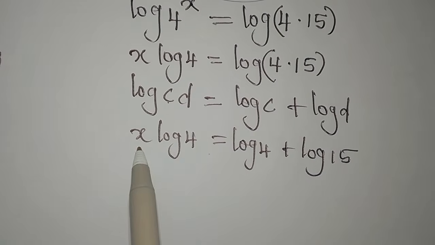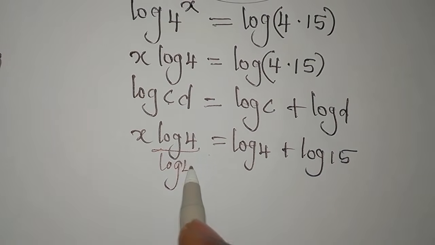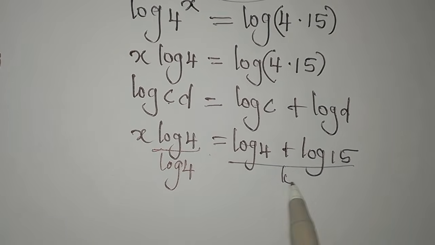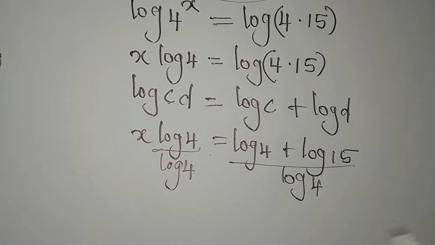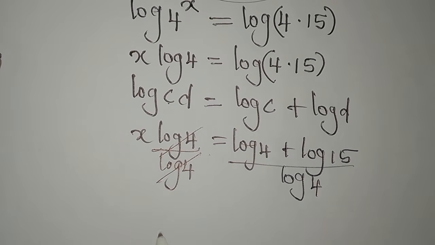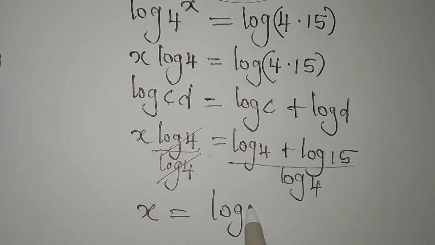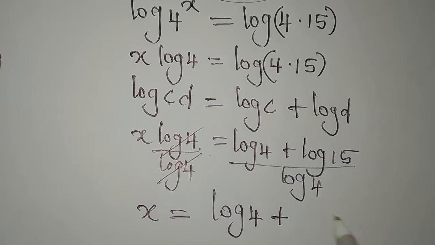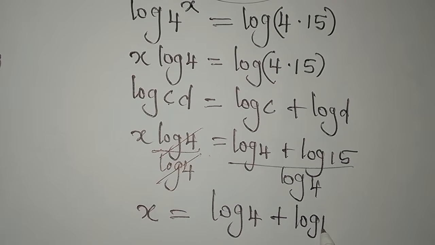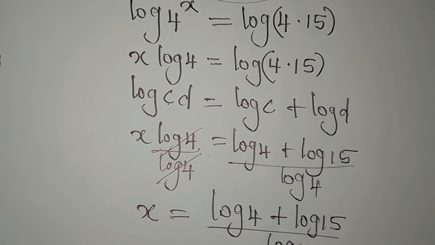So let's remove this log 4. So we divide by itself, then divide the other side by the same log 4, so that this will go with this one, and then x will be equal to log 4 plus log 15 all over log 4.